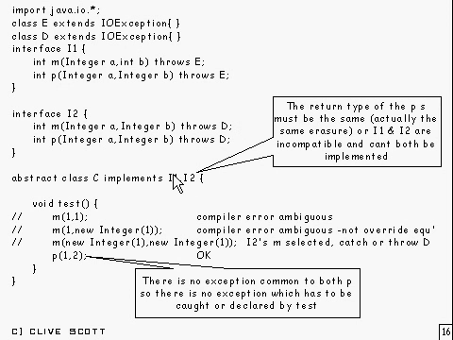we require that the return types of the P's be the same, because it's the same signature in each case on these P's. So if you try and implement two interfaces which are like this, where the method has the same signature, then you'll need to have the return type the same, or you'll get a compiler error because the two interfaces are incompatible.